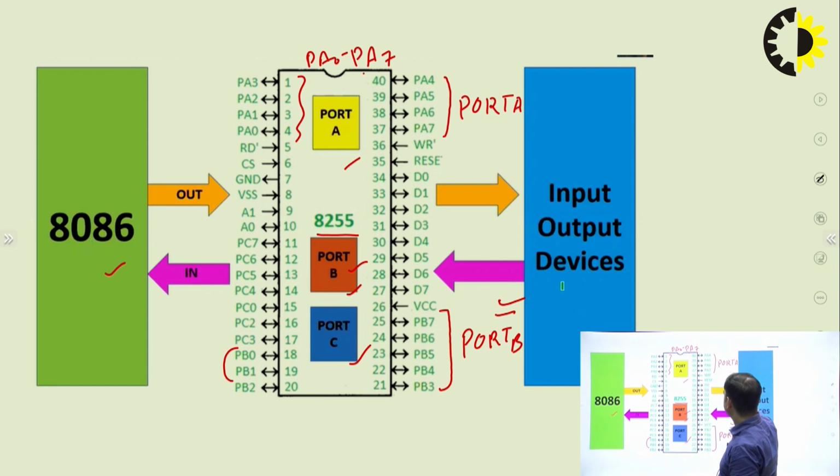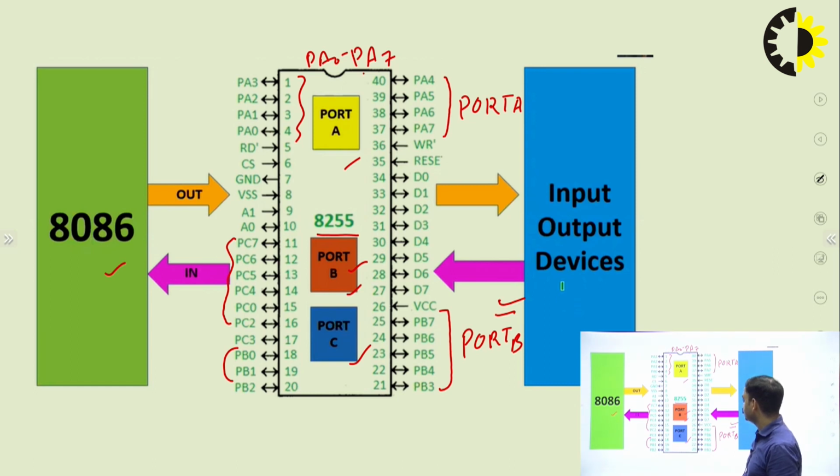Similar to that we have port C. This one is port C, with PC0 to PC7, consisting of the lower PC0 to PC3 and the upper PC4 to PC7. Then we have D0, D1, D2, D3, D4, D5, D6 and D7.